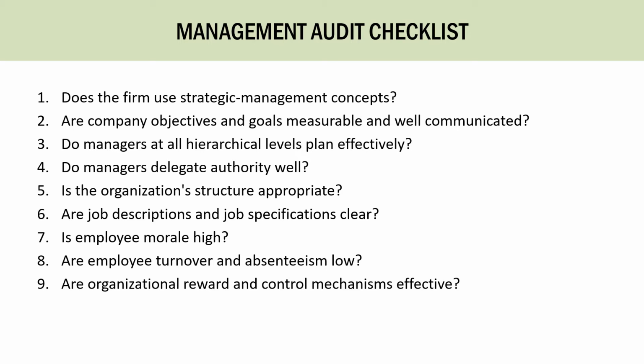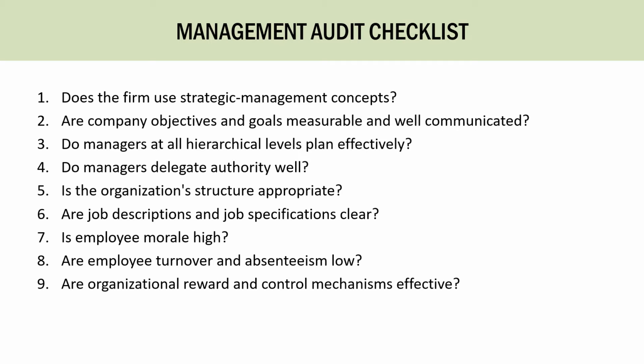For example, under the management checklist, one of the questions is, are company objectives and goals measurable and well communicated? So you need to assess this, and if yes, this can be the company's strength.